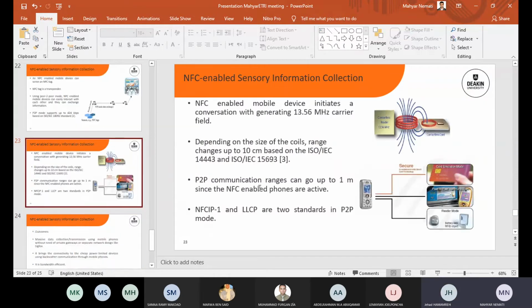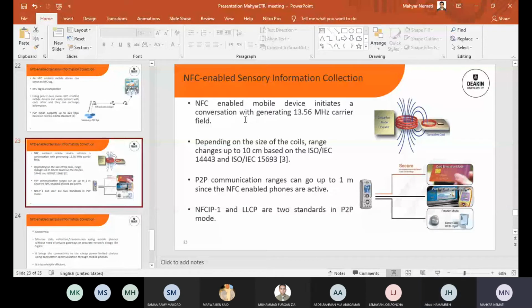So, just regarding NFC, near field communications, you know about these NFC technologies since it is already enabled in many smartphones. But the idea behind them is very simple.